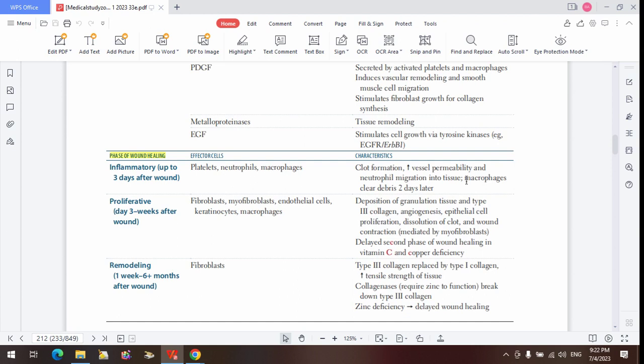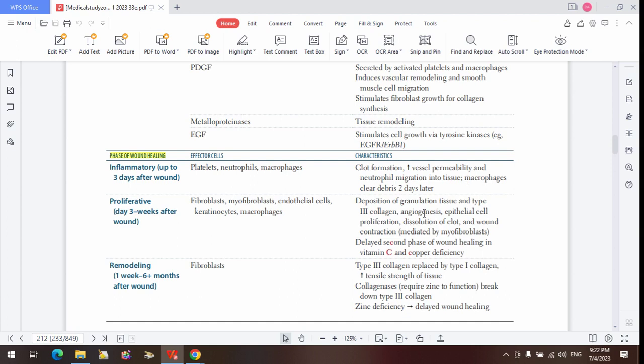But what I want to say is that after you have formed the granulation tissue, after the blood vessels have grown into the ground substance, you might want to contract that wound so that you can shrink the wound and oppose the edges towards each other. Not completely, but they will move towards each other. What will do that?